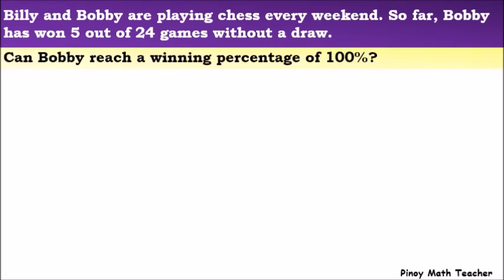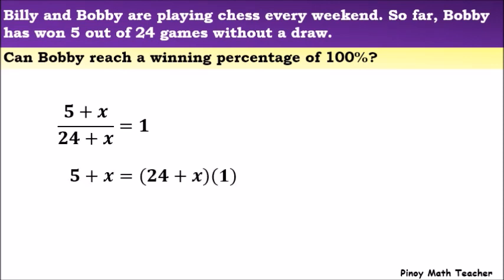Can Bobby reach a winning percentage of 100%? Okay. Ang answer dyan ay no. Hindi niya marereach yung 100% kasi mayroon na siyang talo. Pero syempre, kailangan natin ng proof. So, ito yan. So, (5 plus x) over (24 plus x) equals 100%. Ang 100% ay equal din sa 1. So, cross-multiply tayo.